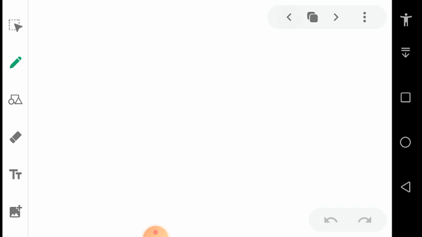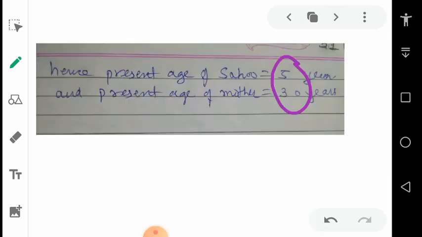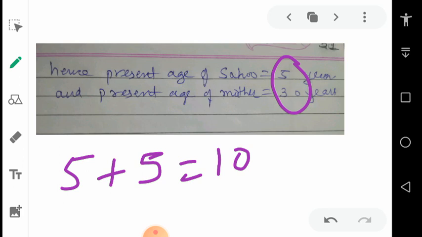It is given in the question that after 5 years. Now what will be the age of Sahu after 5 years? As he is 5 years now, after 5 years he will be 10 years, and as you can see 10 is one third of 30. 10 is just one third of 30, nothing else.